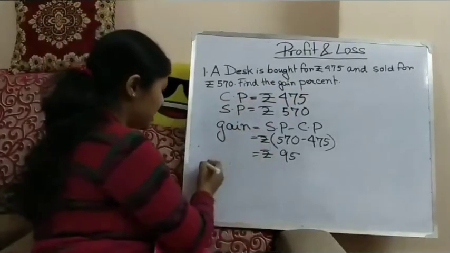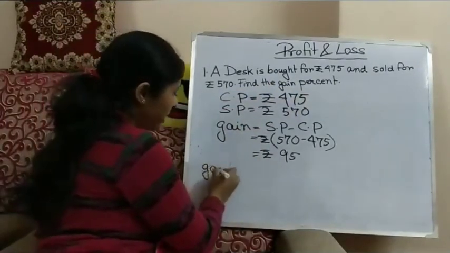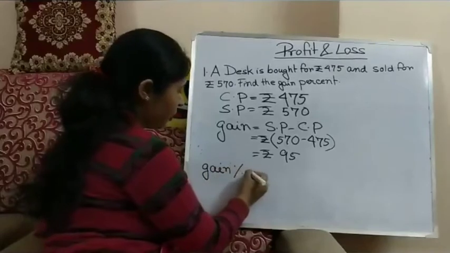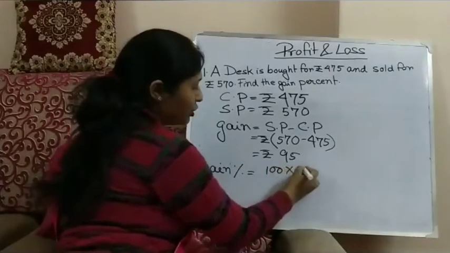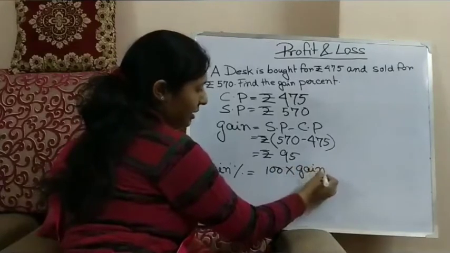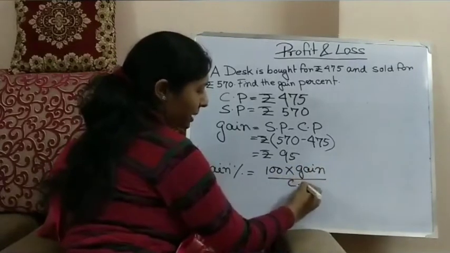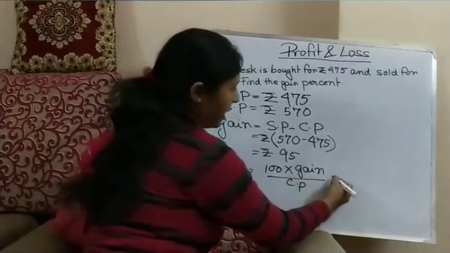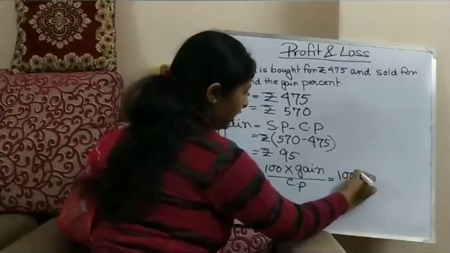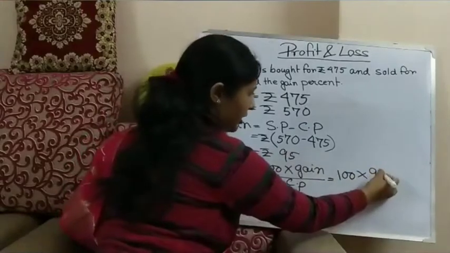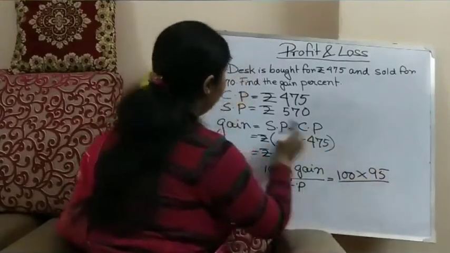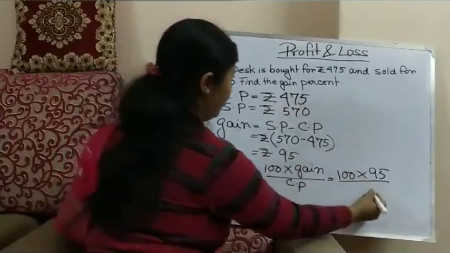But our question is to find the gain percentage. So how will we find gain percentage? I already showed that formula. Gain percentage means 100 into gain by CP. So 100 into our gain, which is 95, and CP is 475.